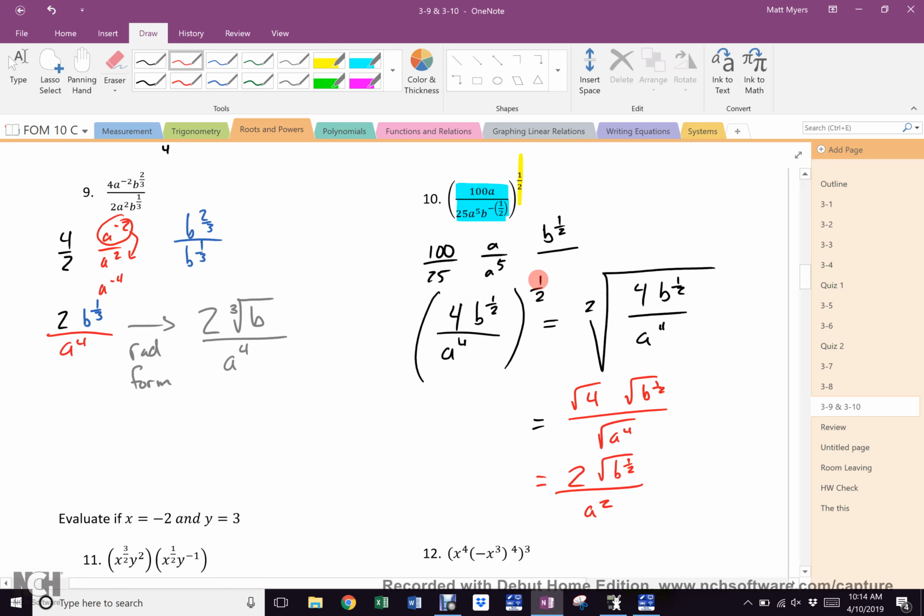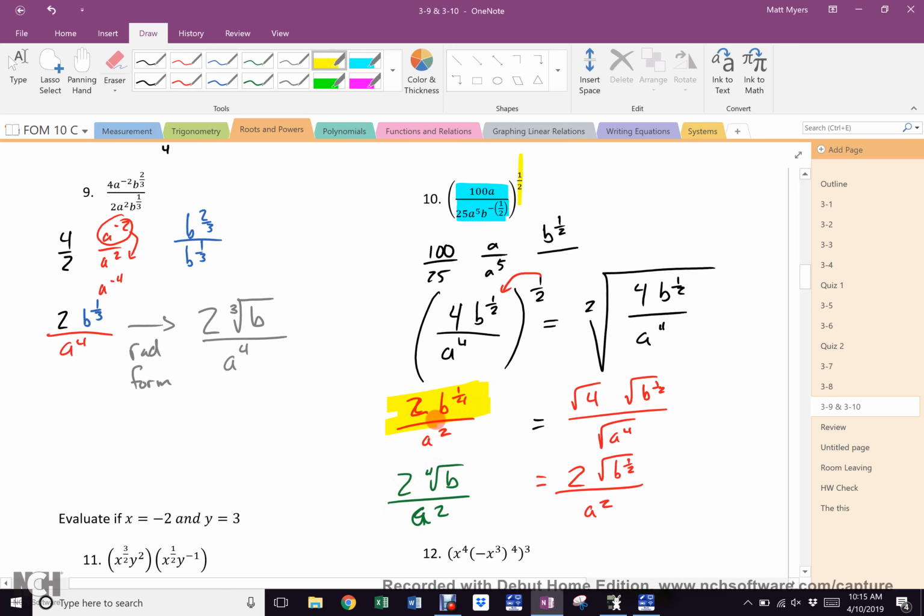What else could I do? I'm going over a bracket. What else could I do there? Multiply. So is this also okay? 2b to the 1/4 over a squared. Is that okay? Yes. Okay. Now, is there something else we could do there? 2 to the 4th root of b over a squared.